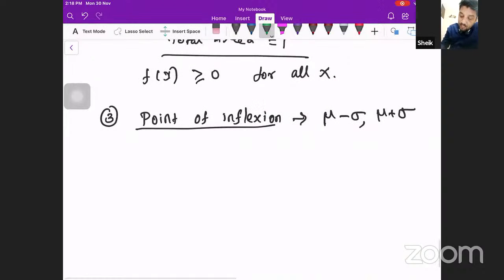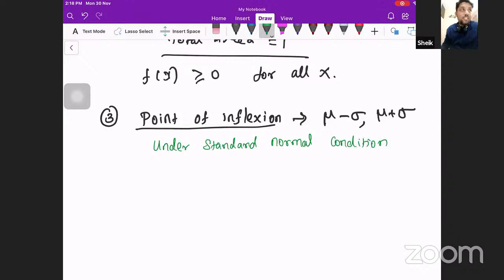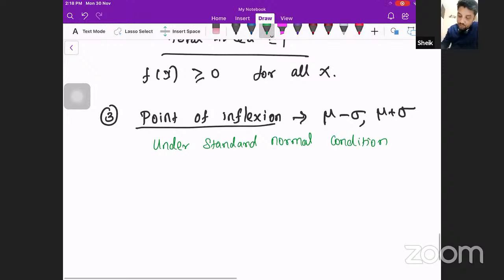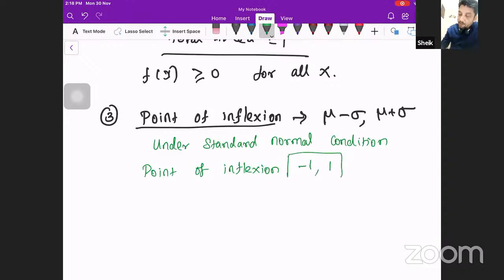Note, under standard normal condition, point of inflection is always minus 1 comma plus 1.